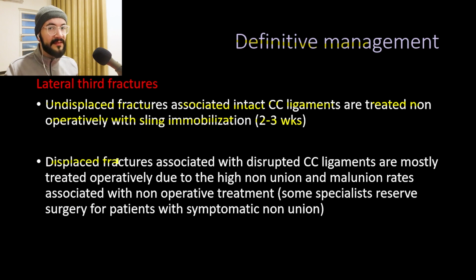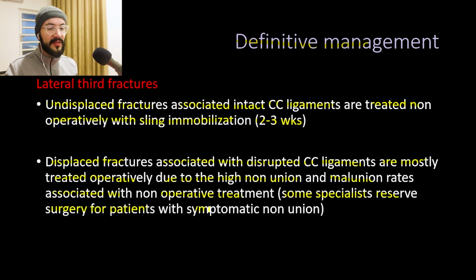And displaced lateral third fractures that are associated with disrupted coracoclavicular ligaments are mostly treated operatively due to the high non-union rates and the mal-union rates associated with the non-operative treatment of these injuries.